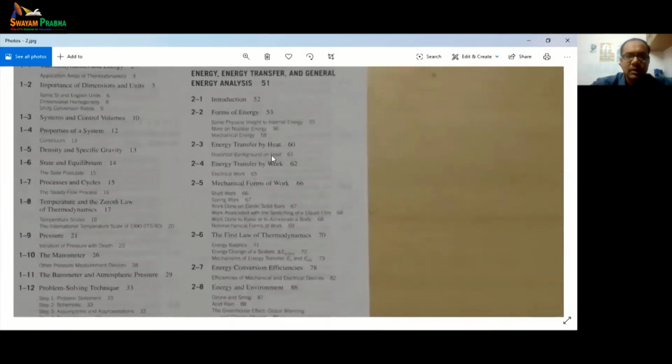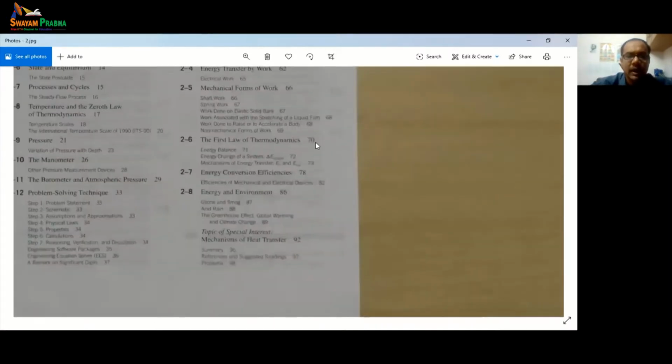Please follow the mouse that is moving here, because that's how I'll be pointing to the portion where you need to put your attention. Here we'll see energy transfer through heat, energy transfer through work, the mechanical forms of energy, and then the energy conversion efficiencies.